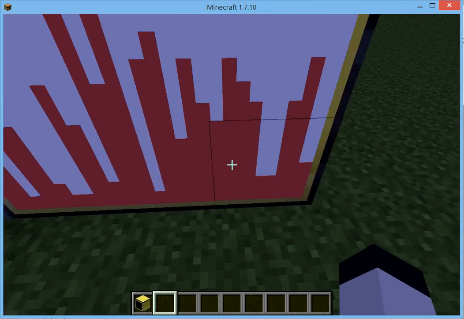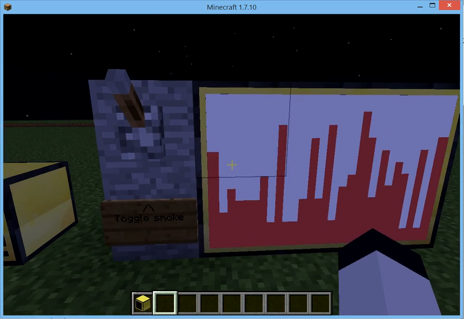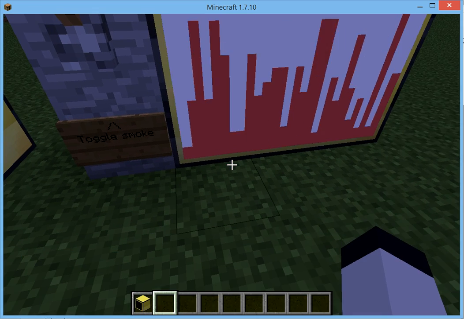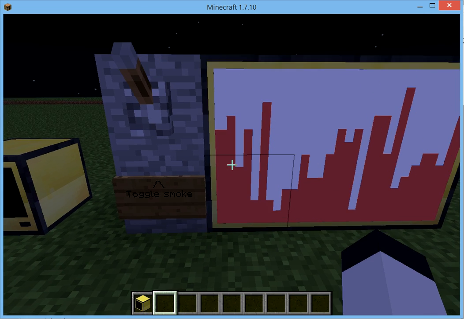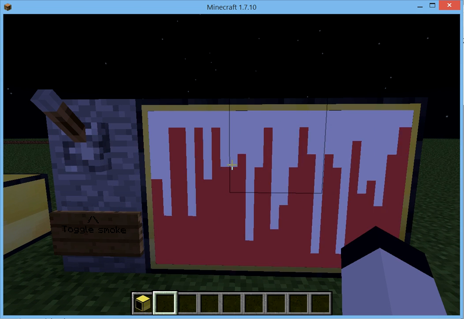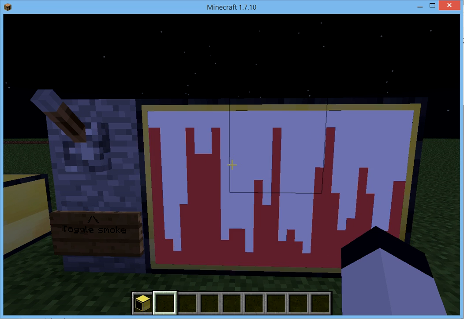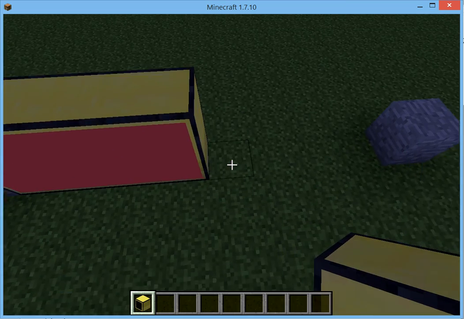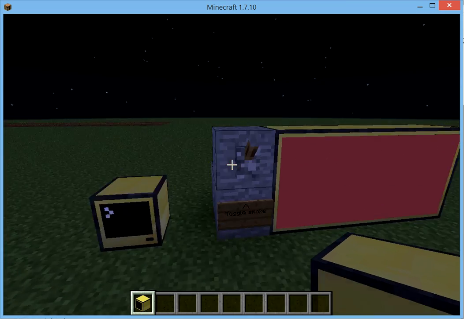Basically, every single pixel going along the width of the screen is just a red line being drawn from the bottom of the screen up. And the height of that line is randomly generated. And the way I have it set up is if we were to expand it, it turns red.